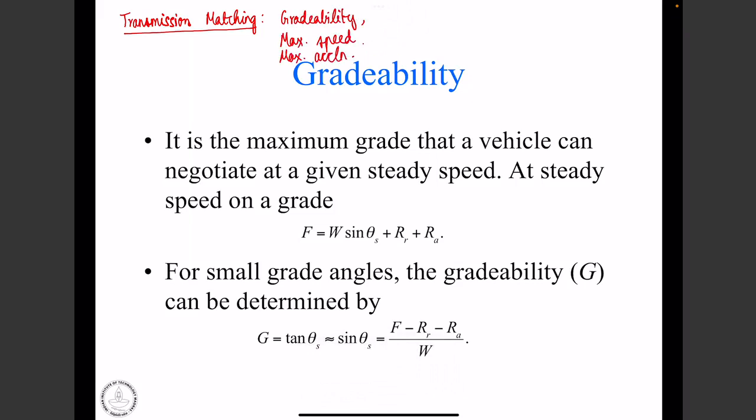When we do transmission matching, we are given some specifications on all these performance requirements. Someone may tell us to design the transmission such that the gradability is 20%, the max speed is, let's say, 150 kilometers per hour, and so on. And we are given some prime mover to begin with, some base engine.